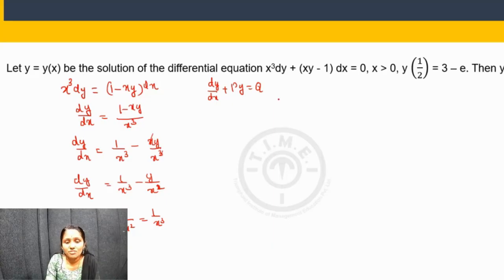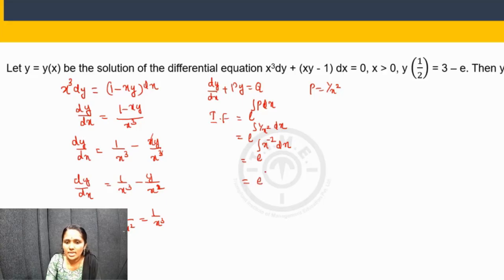To solve this differential equation, we have to find the integrating factor first. So the integrating factor is e raised to integral P dx. In the given equation, P is 1 by x square. So we will get e raised to integral 1 by x square dx, or it is e raised to integral x raised to minus 2 dx.